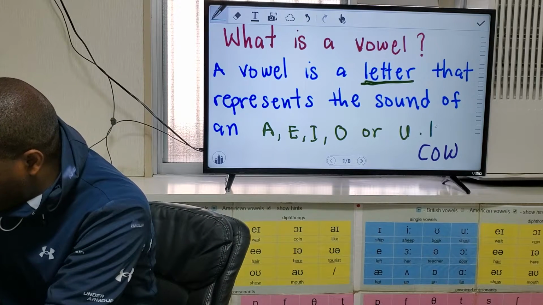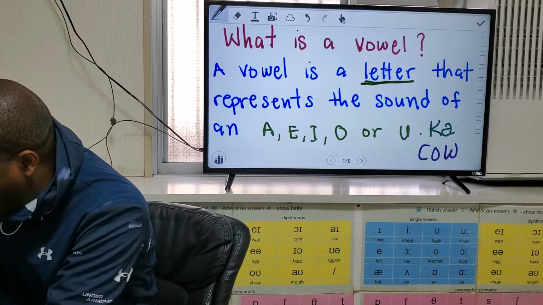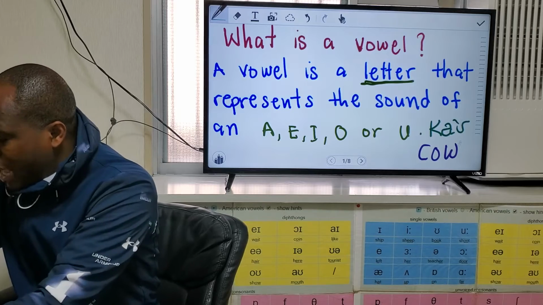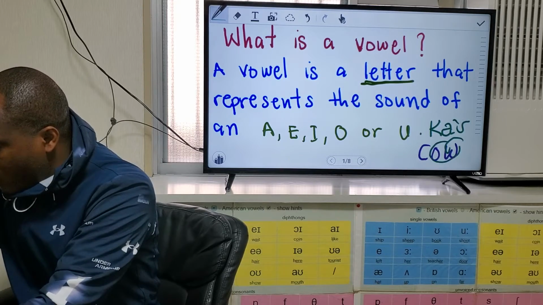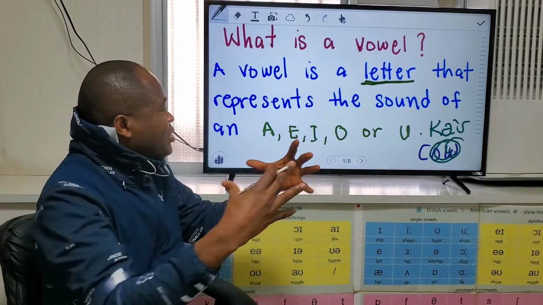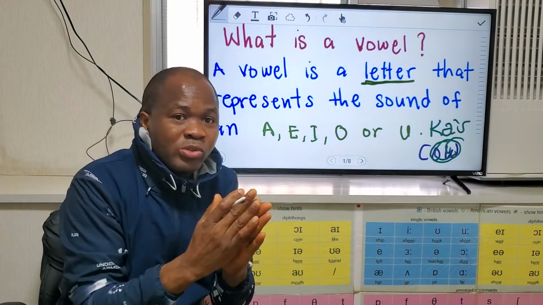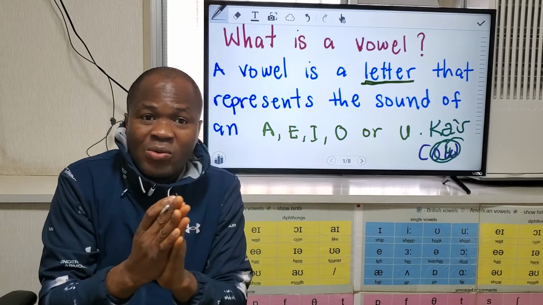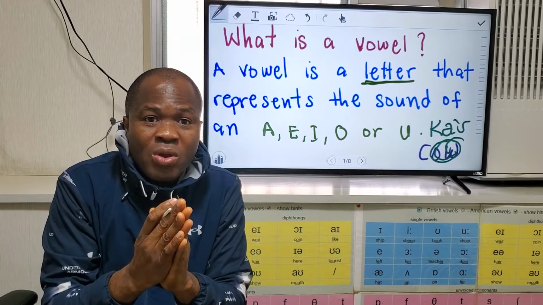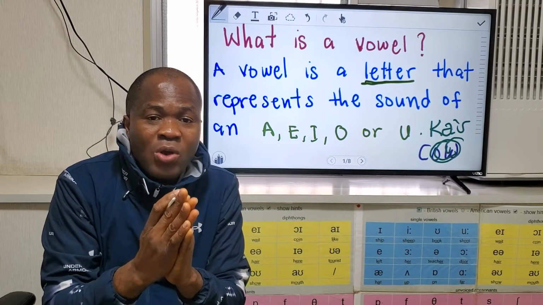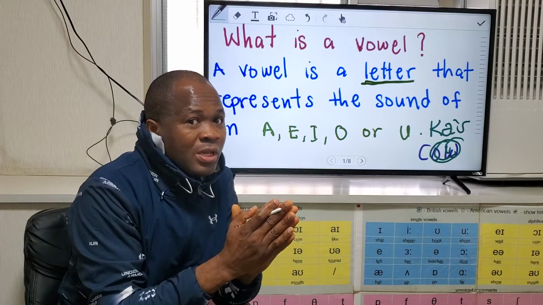So cow, k-ow. Here our W and O glide together. When we say glide, it means that W and O come together to form a single sound, and that sound is ow. So ow becomes a diphthong.